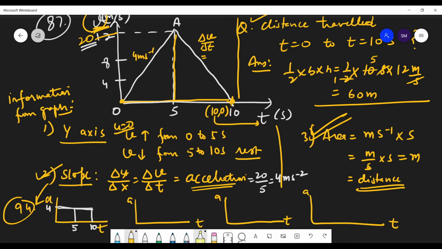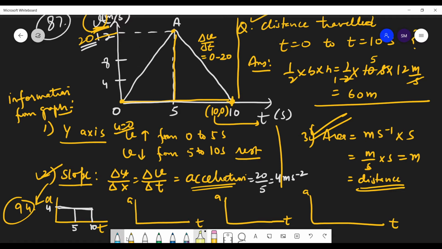So final velocity minus initial velocity. What is the final velocity here? 0. What was your initial velocity at this time? 20. See, here it was on this side.